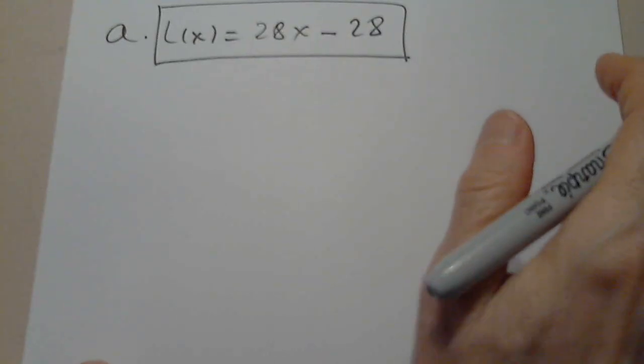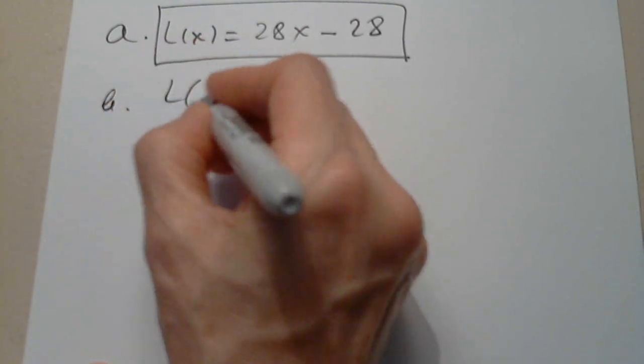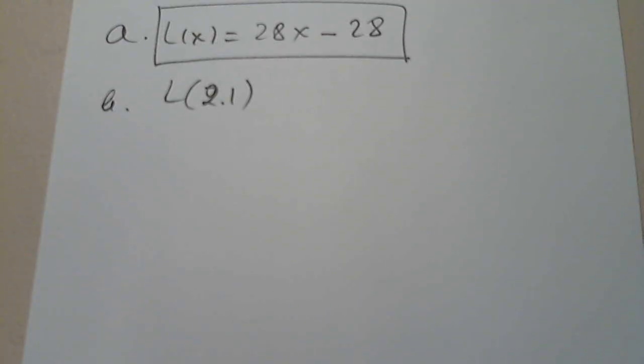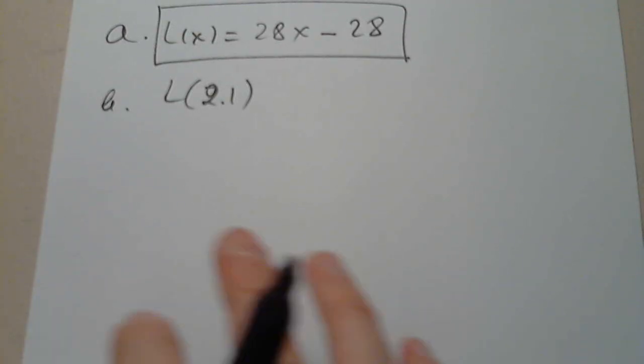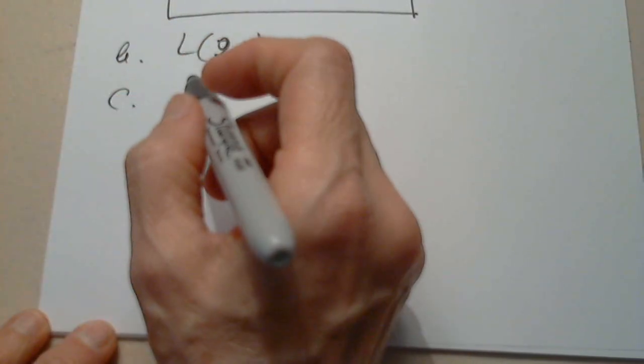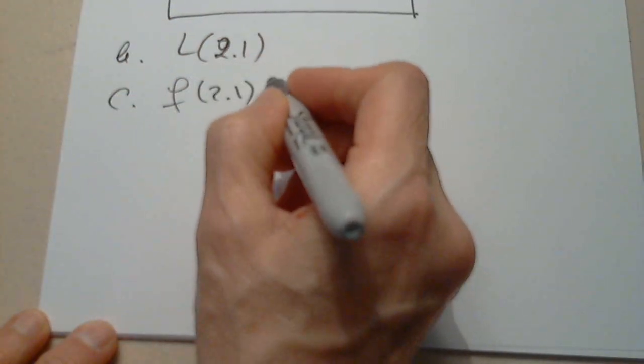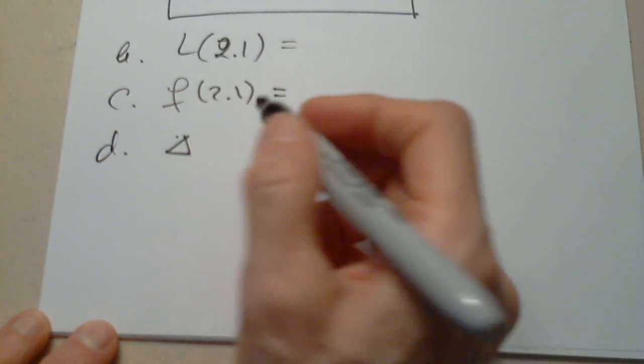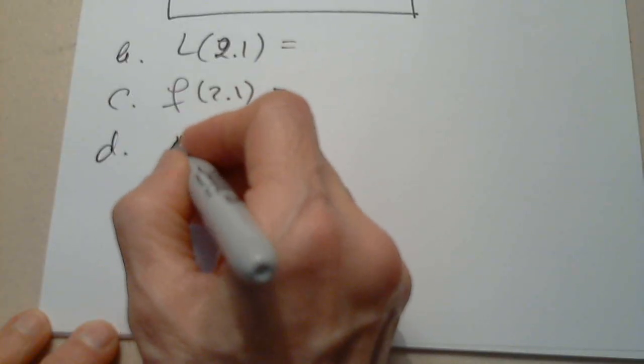So in part B, they want us to find L of 2.1. In part C, they want us to find F of 2.1. And in part D, the difference, delta F. Or let's write just difference.